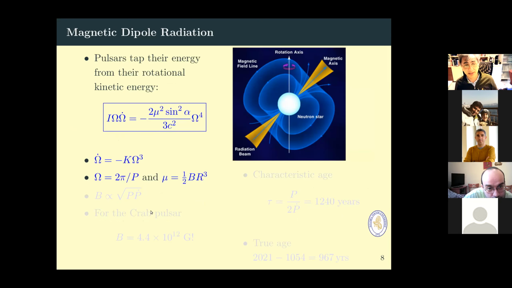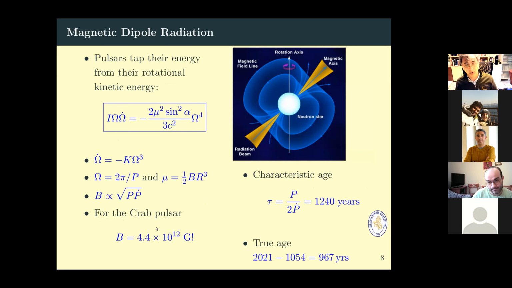From this, it is possible to estimate or infer the magnetic field of the object, which for the Crab pulsar we find to be 4.4 times 10 to the 12th Gauss. And the characteristic age, which is a ratio of period to period derivative, would be 1,240 years. Comparing this to the true age, we see that this model works quite fine.